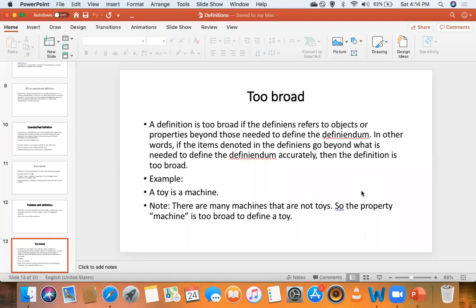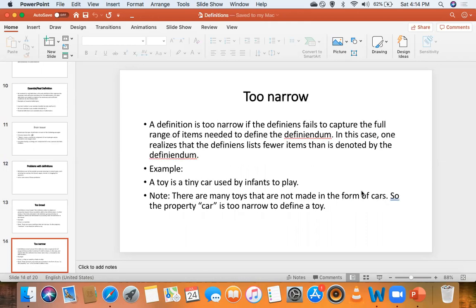We said definitions could be too broad if the definiens refers to items that go beyond what is needed to define the definiendum. We said definitions could be too narrow if the definiens refers to items that are not enough to define the definiendum.